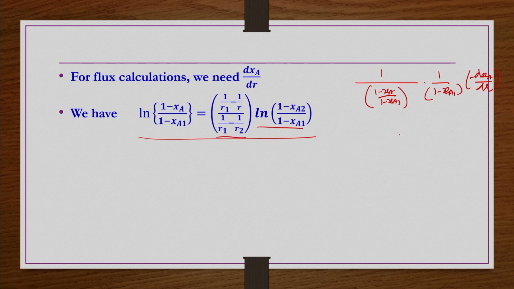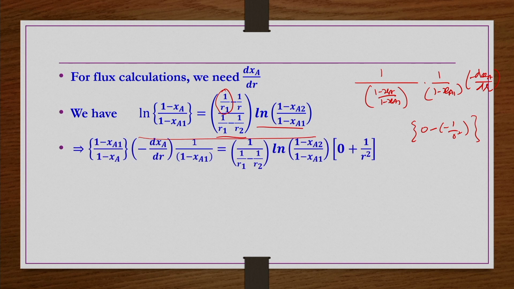The remaining term, if you do the differentiation, is also constant. So 0 minus of minus 1 by r square as differentiation. Then you have this one plus 1 by r square in the right hand side, and the left hand side is what you are having, right.